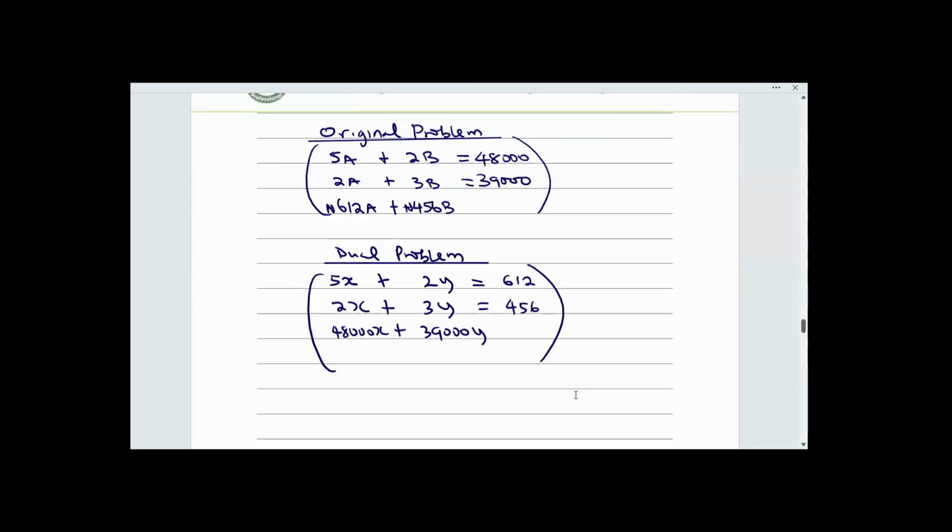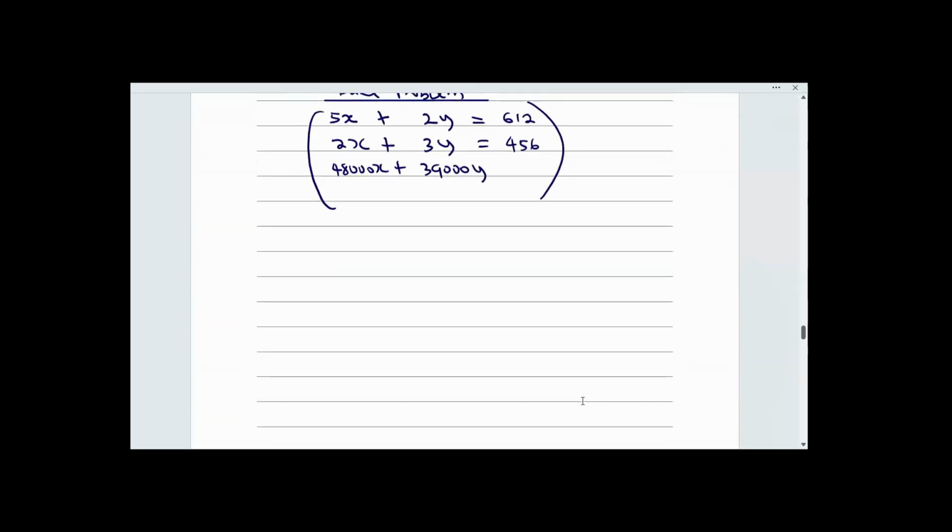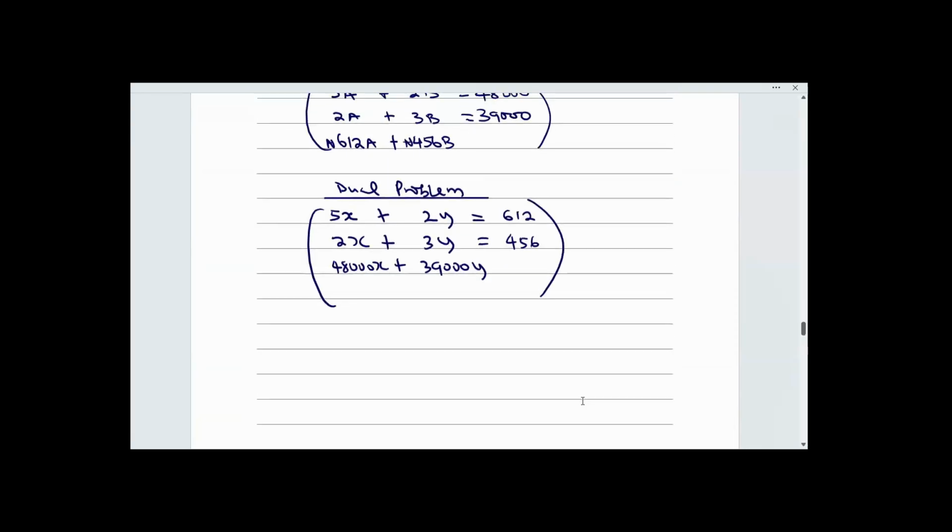So I would then say 5x plus 2y equal to 612, and 2x plus 3y equal to 456.